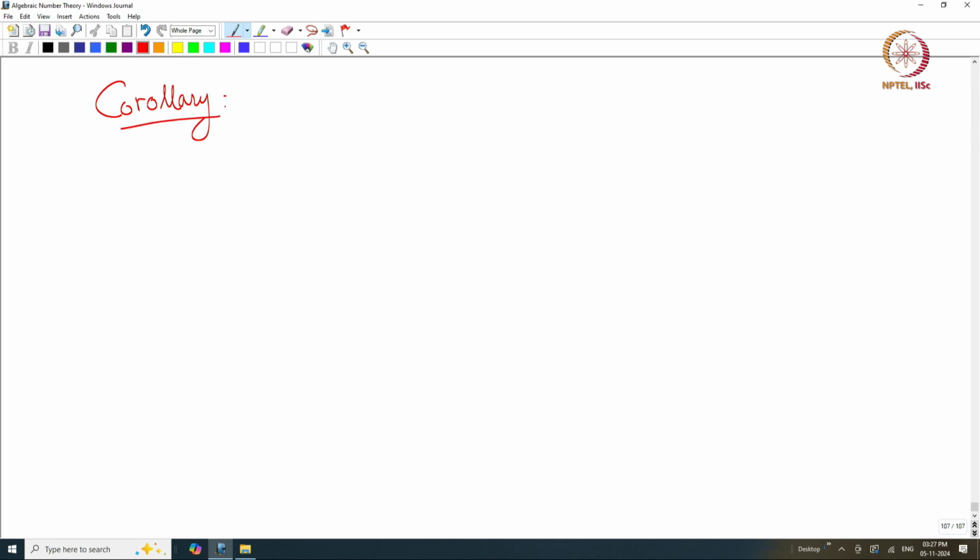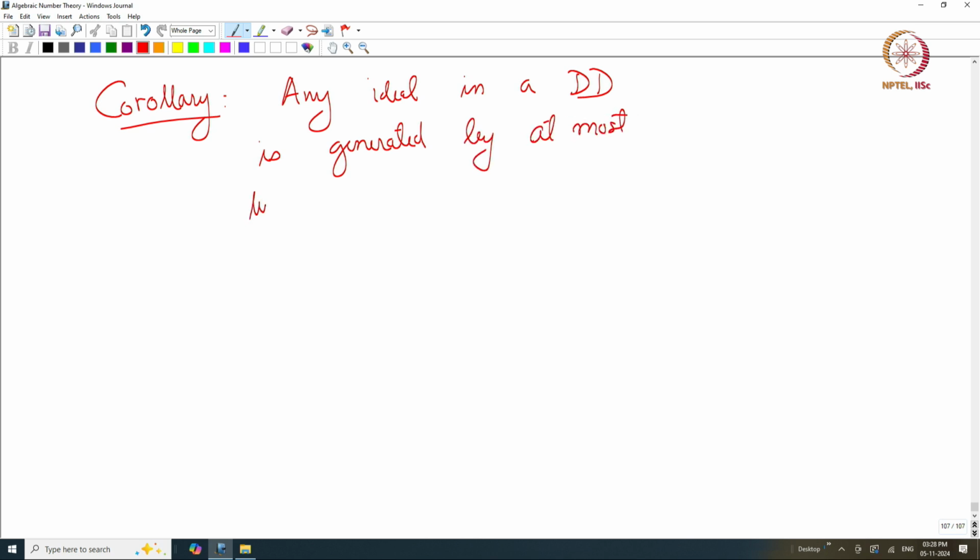Well, here is a nice corollary which says that they are better than finitely generated. So, any ideal in a Dedekind domain is generated by at most 2 generators. Any ideal in a Dedekind domain is generated by at most 2 elements.